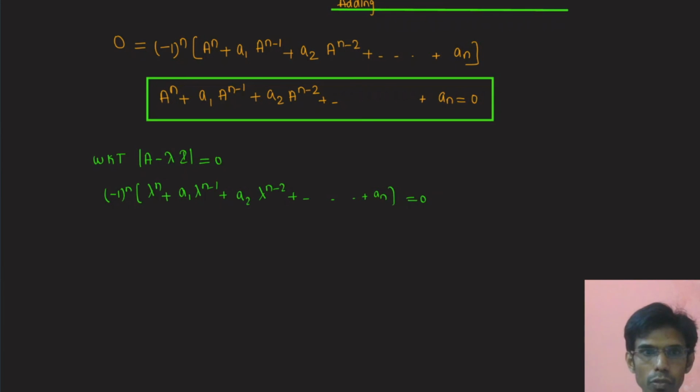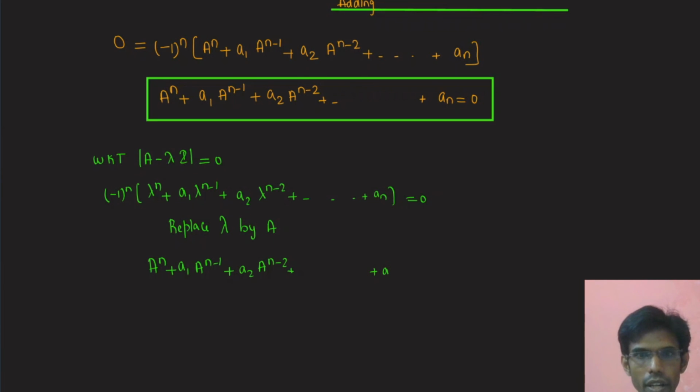See here, compare this equation. If I put, or I can say replace, the scalar lambda by a matrix A, then this will become A^n plus a1 A^(n-1) plus a2 A^(n-2) plus and so on up to a_n. Now compare these two equations.